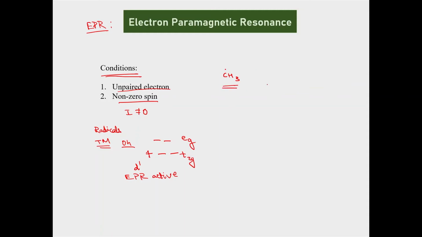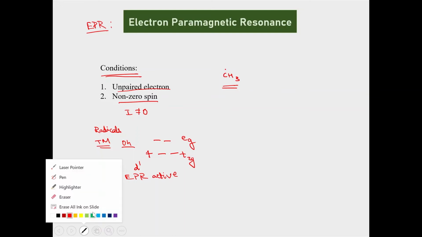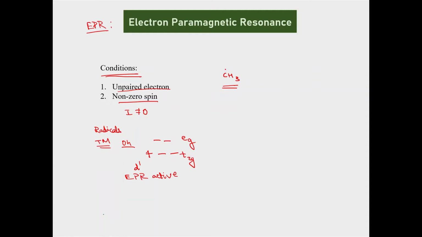Now to find out the number of lines, we use the same formula as we use for NMR, that is 2nI plus 1. Here there are 3 hydrogens and the spin value of hydrogen is half, therefore n is equal to 3.